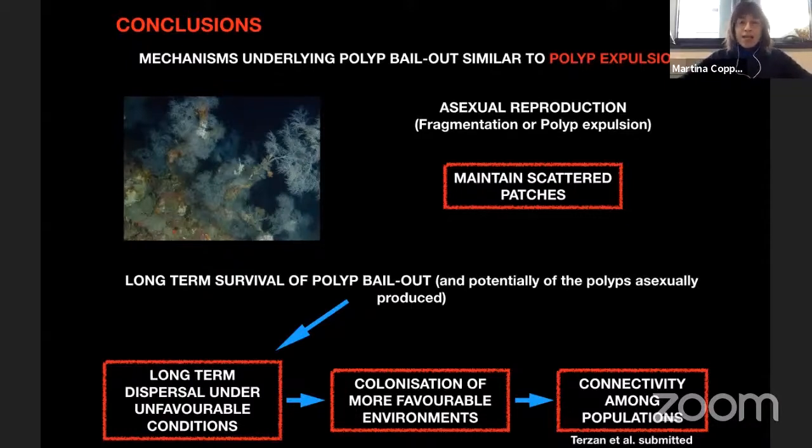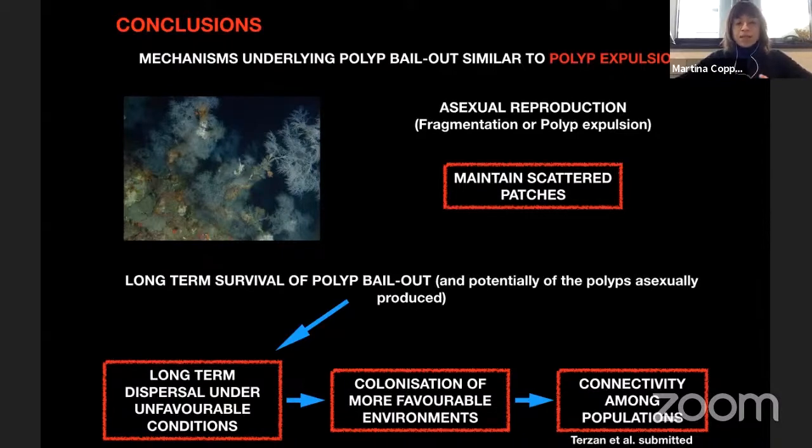So it is likely that the Antipathella subpinnata that is able to bail out is also able to reproduce asexually by polyp expulsion. And this also has implications in the natural environment, because it could reproduce asexually by fragmentation and polyp expulsion, and this could help maintain the scattered patches where sexual reproduction could not be effective.